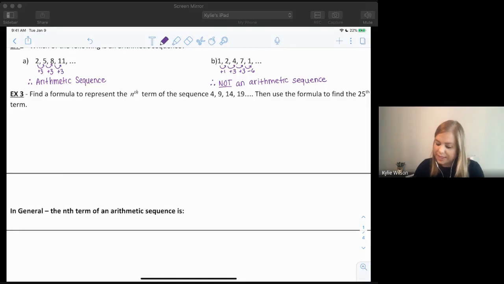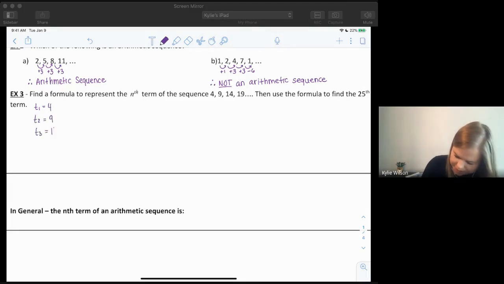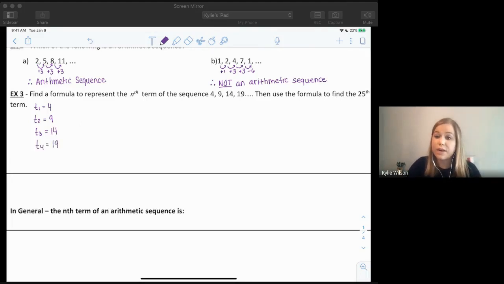So let's start by figuring out the formula for this equation. So we have a few terms here. We have T1 is equal to 4, T2 is equal to 9, T3 is equal to 14, and T4 is equal to 19. So let's first start by seeing how our terms are connected.